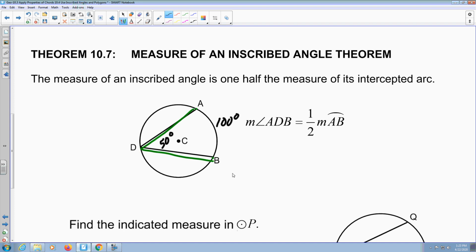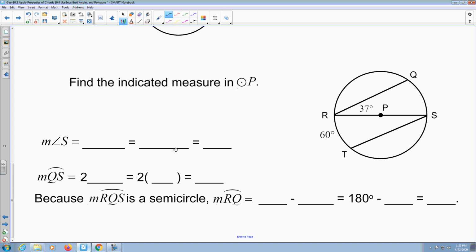Okay, so looking at this diagram here, we have circle P, and they want us to find these different indicated measurements. First things first, they're looking at the measure of angle S, which is right here. Well, we know that the intercepted arc RT is 60 degrees, so the angle is going to be half the measure of arc RT.